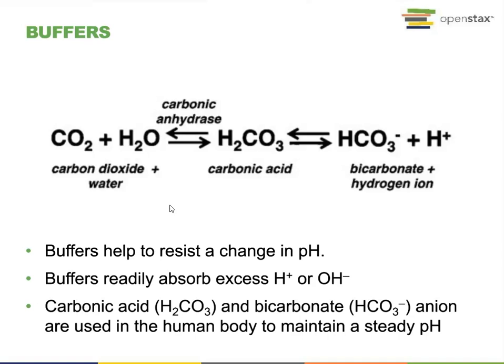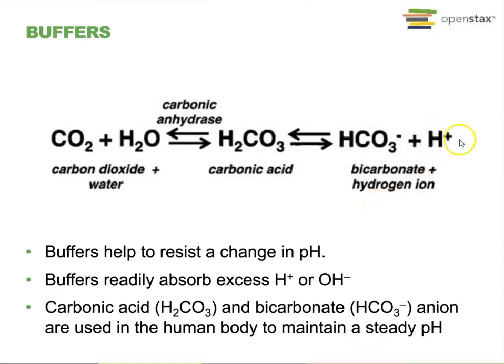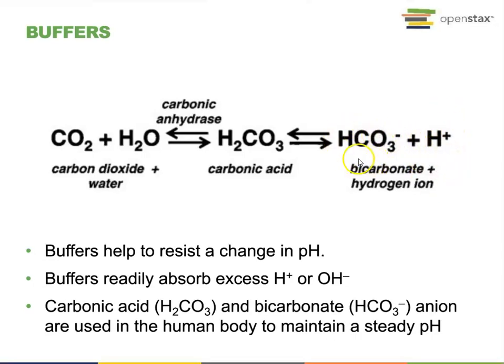So in our body, we have solutions called buffers. Buffers help resist changes in pH and can rapidly absorb excess hydrogen ions or hydroxide ions. For example, carbonic acid and bicarbonate anion are used in the human body to maintain a steady pH. If the hydrogen ion concentration goes up, the hydrogen ions will react with bicarbonate and form carbonic acid.